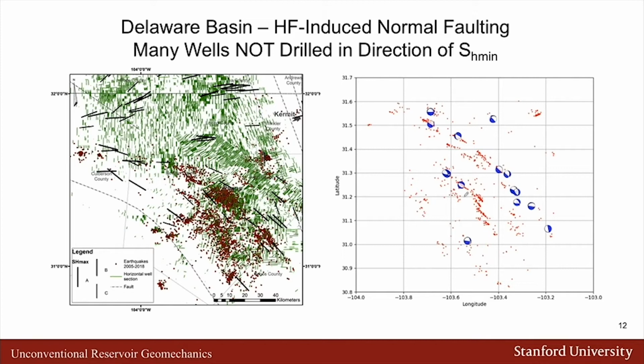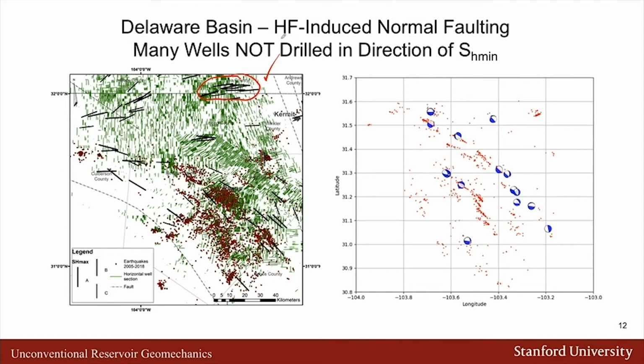We've seen that in the stress maps I presented, prepared by Jens-Erik Lund Snee and me. And you can see the rotation of the maximum horizontal stress from east-west near the border of New Mexico to a northwest-southeast direction in the southern Delaware. The green lines are the well paths. Up here, the stress is more or less east-west, the wells are drilled more or less north-south, and that's exactly what should be going on.